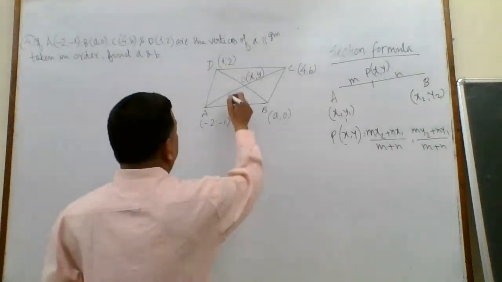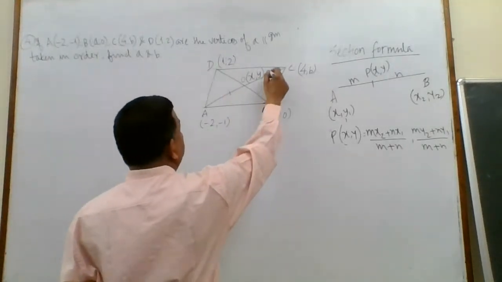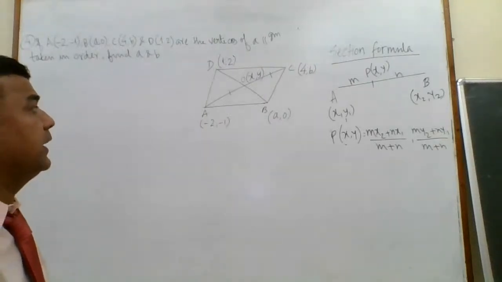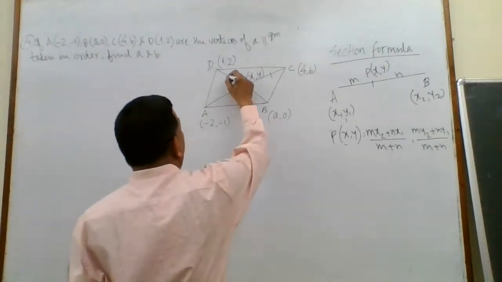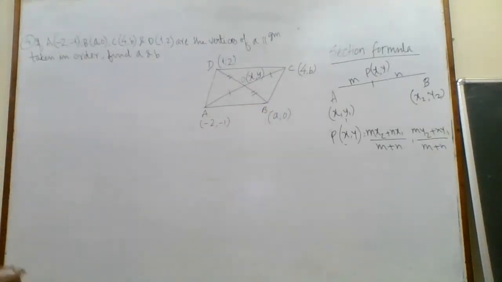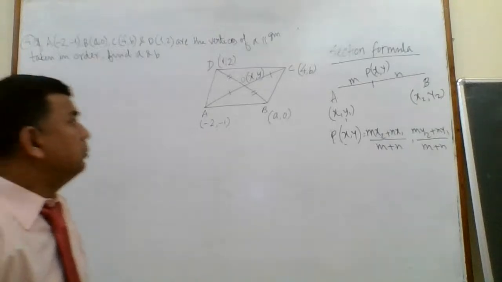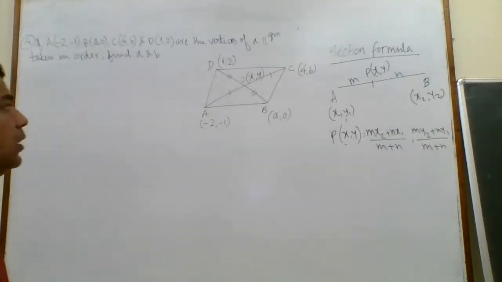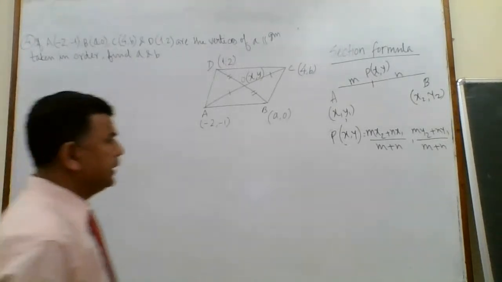Regarding the parallelogram, its diagonals have a property. What is that? The diagonals bisect each other. So OA is equal to OC, and similarly OB is equal to OD. Means, who is O? It is the midpoint. Whose midpoint? Of AC as well as BD.